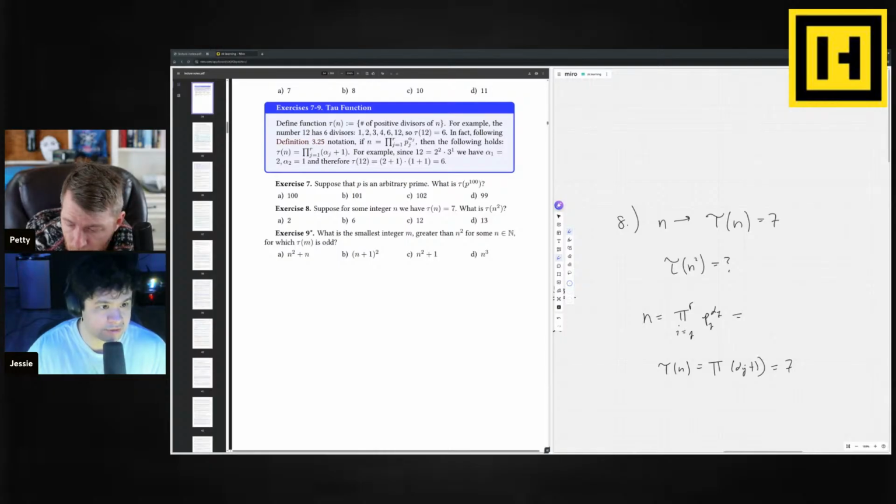You get p to the 12. And then tau of p to the 12 is 12 plus 1, so 13. Okay. That's where I got lost, is putting it back into tau of p to the 12 power. And then you just go back to the format, 12 plus 1. Yeah.